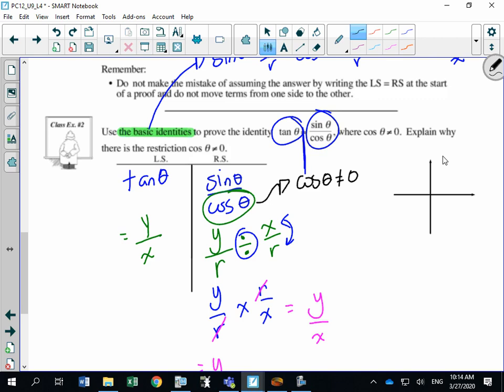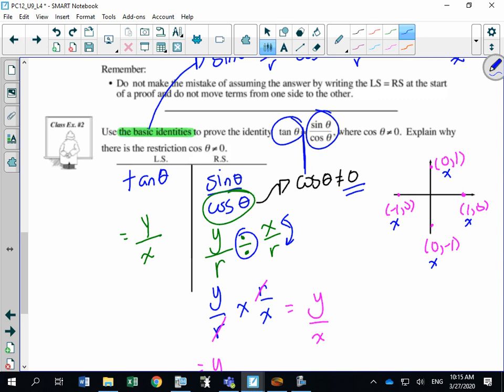If I said, where is cos theta equal to 0? You'd quickly draw your Cartesian plane, with 1 comma 0, 0 comma 1, negative 1 comma 0, and 0 comma negative 1. They want to know where cos is equal to 0. So remember that cos is all of your x's.